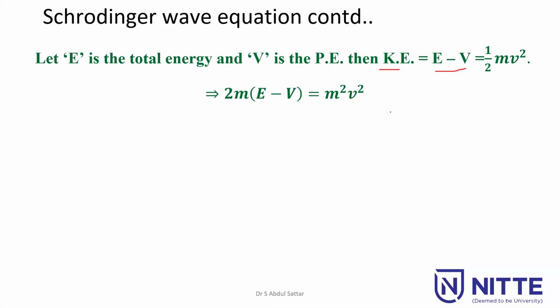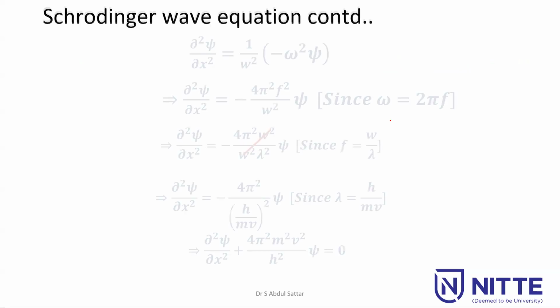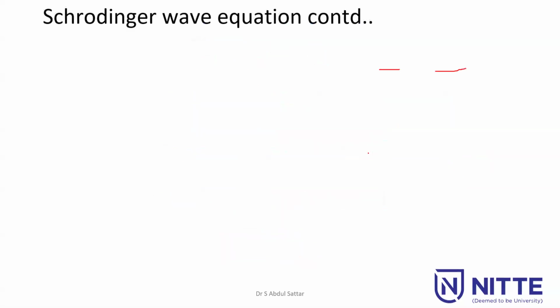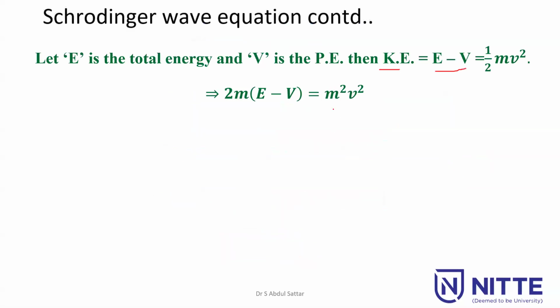So in the previous equation, we are having this m²v². Now we are replacing this m²v² with 2m into (E minus V).